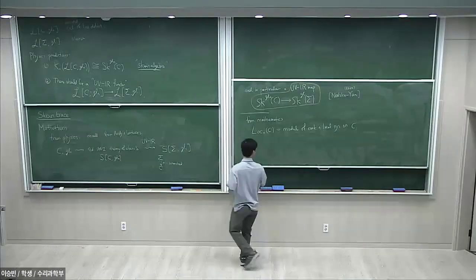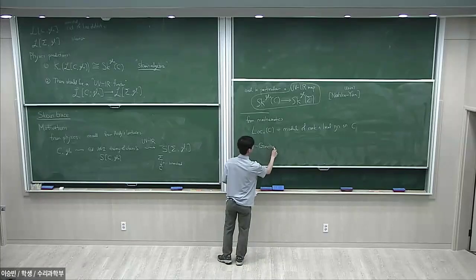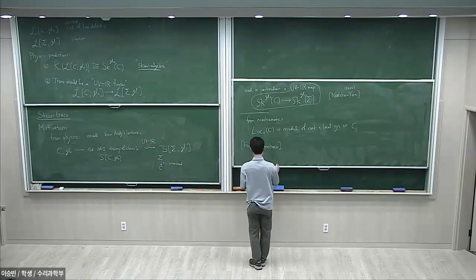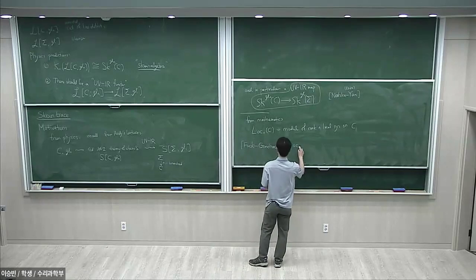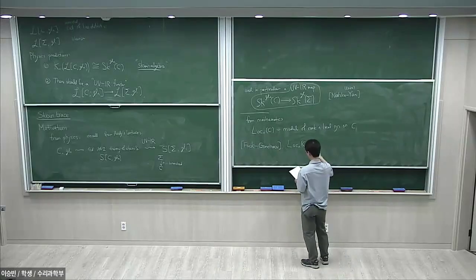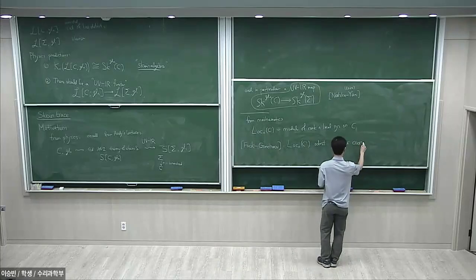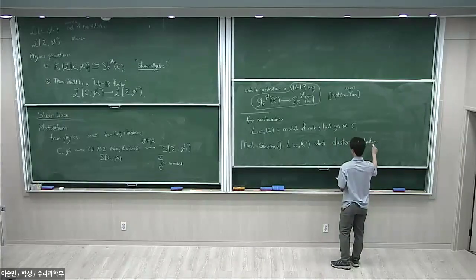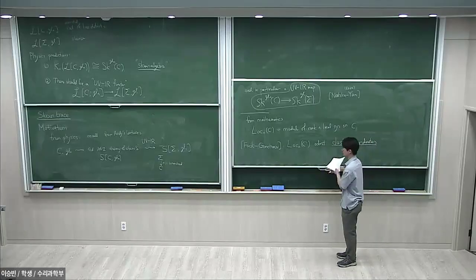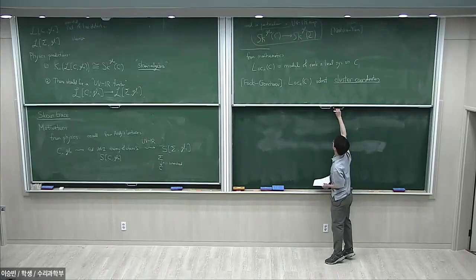And in the work of Fock and Goncharov, they showed that this moduli space has an interesting coordinate system, so-called cluster coordinates. And this is closely related to what Andy was talking about in his lecture earlier today.